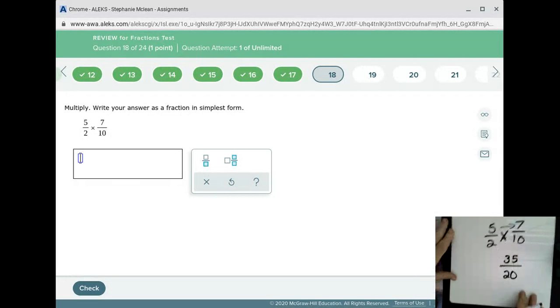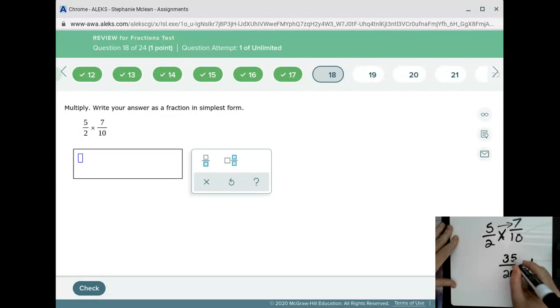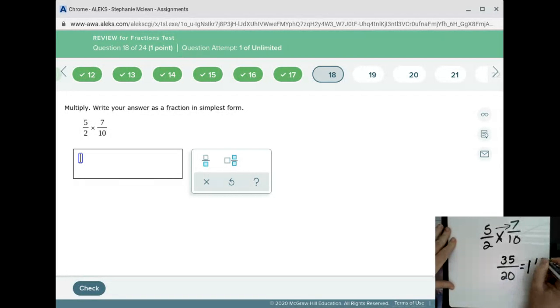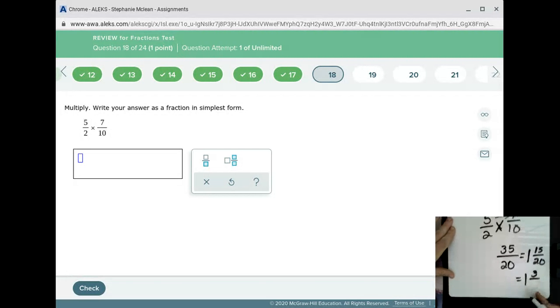However, the top number is bigger than my bottom number, so I need to reduce. 20 will go into 35 one time. 35 minus 20 is 15 over 20. 15 and 20 are both divisible by 5, so I have to divide both by 5. 15 divided by 5 is 3, and 20 divided by 5 is 4. So I get 1 3/4 as my answer.